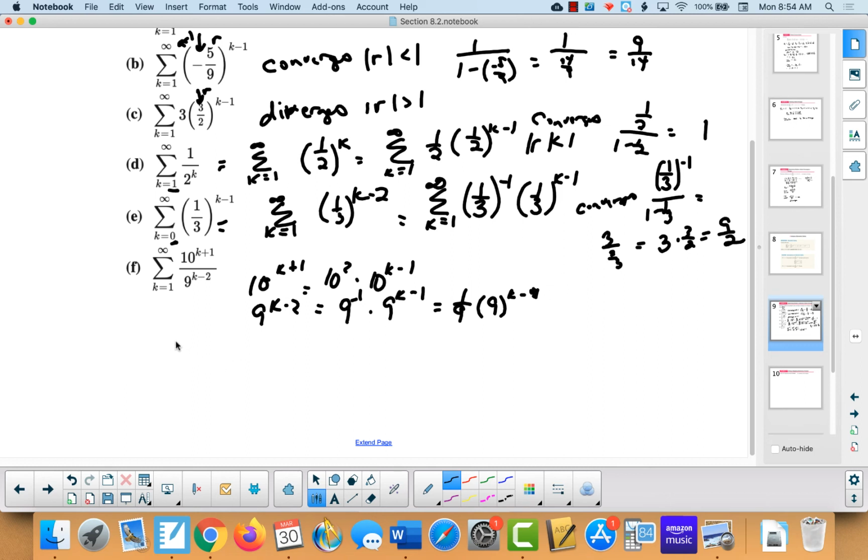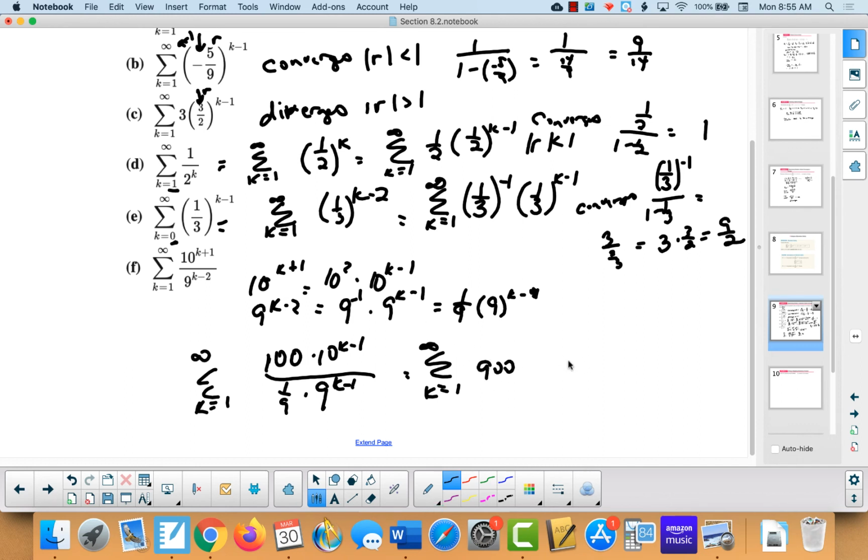So we can rewrite this as 100 from our 10 squared times 10 to the k minus 1 over 1/9 times 9 to the k minus 1. 100 over 1/9 is equal to 900.